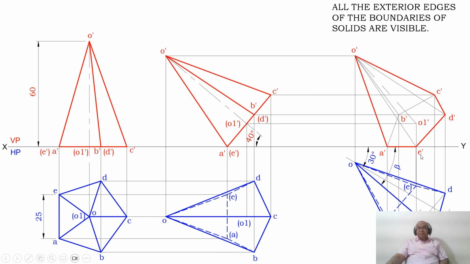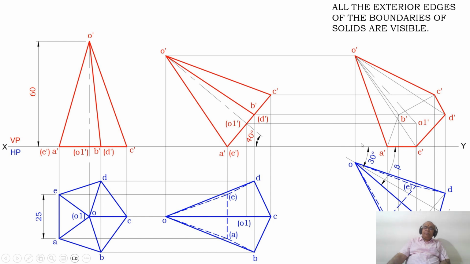Therefore, A dash and E dash will be on the XY line. So you mark A dash, then B dash, then C dash, then D dash, and then E dash, and join each of these vertex points to the apex point. That is O dash to A dash, O dash to B dash, O dash to C dash, O dash to D dash, and O dash to E dash.